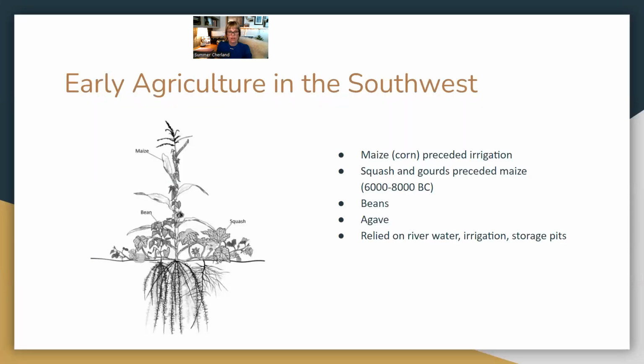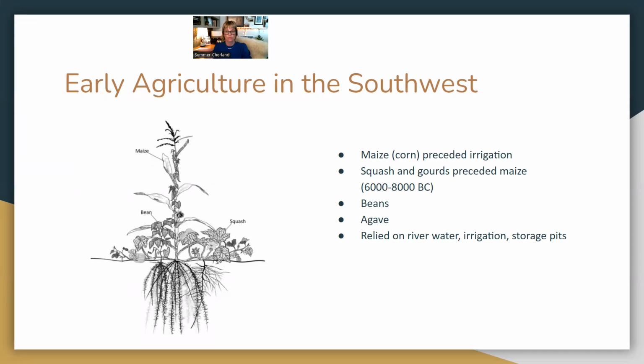So early agriculture in the Southwest. So maize, right? Corn, which is probably the most famous American crop. This preceded irrigation. So that's how we know that there was plant husbandry, was that people were able to cultivate crops like corn before there's evidence of controlling water. Squash and gourds were even older than that.